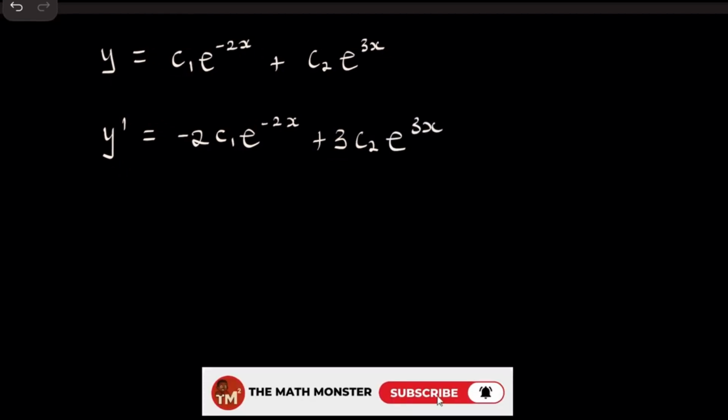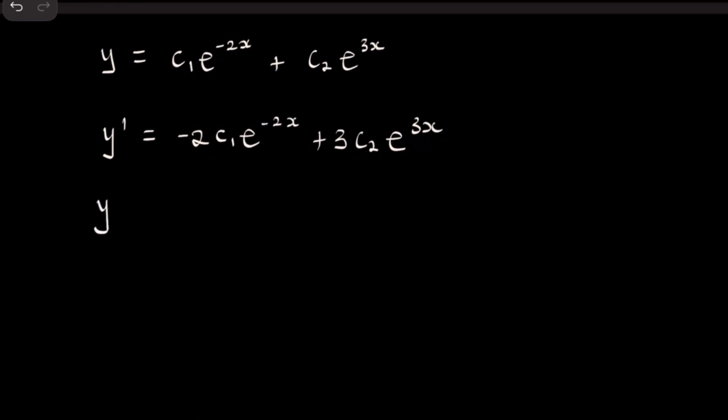Since we have two arbitrary constants, we have to differentiate one more time. So y double prime will be giving us, using the same idea, you differentiate the exponent. When you differentiate minus 2x, you're going to have minus 2. So minus 2 times this minus 2 gives you 4.